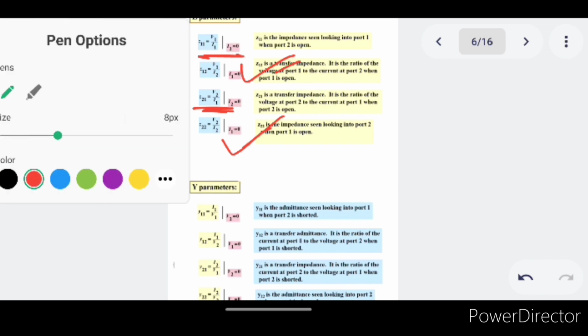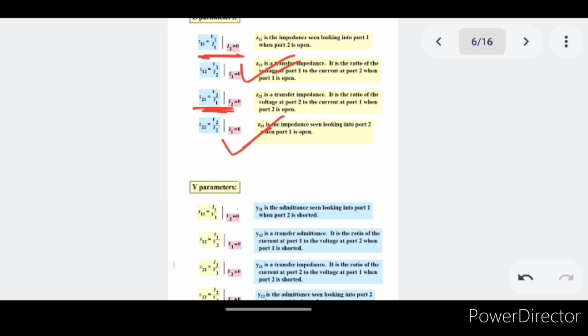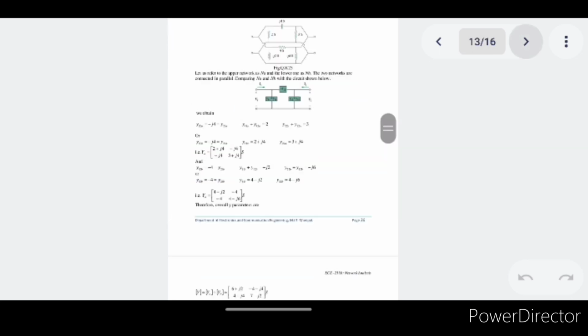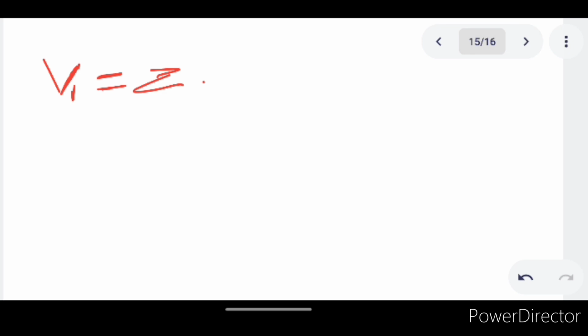Okay. Now let us solve some problems regarding Z parameters. Let us take this one as a Z parameters example. Before that, let us go for the T network.